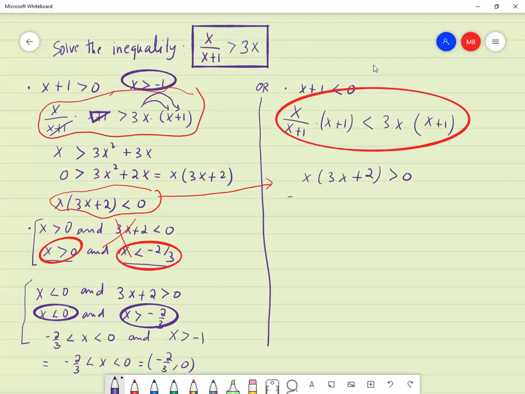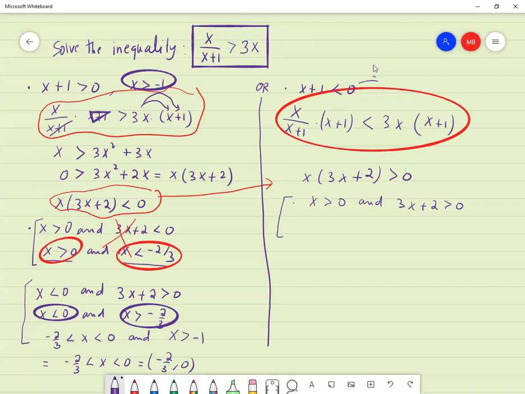First case, because the product is positive, it can be both positive: x positive and 3x plus 2 also positive. This is the one case. All right, look at this. We already said x plus 1 is less than 0.